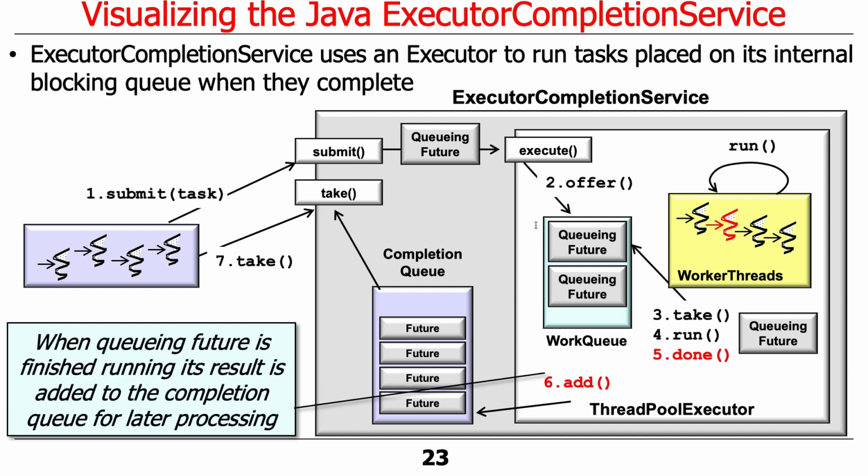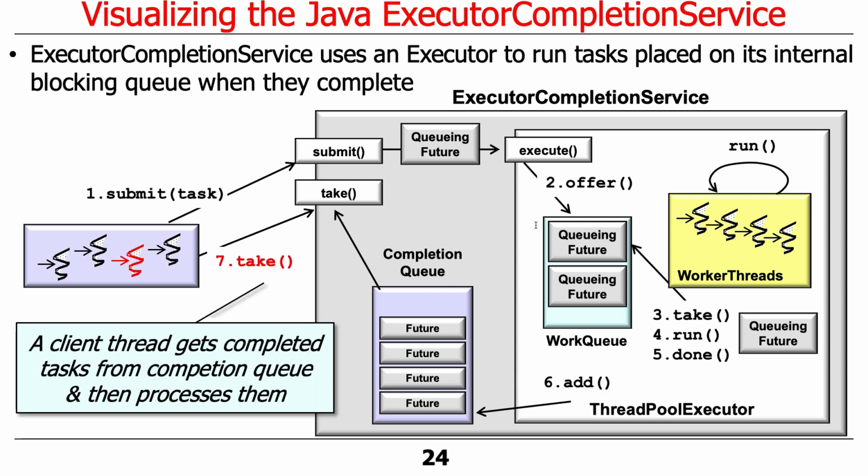Once the work is done, it's then stuck onto something called the completion queue. The implementation adds the results to the end of the completion queue. And then a client who's blocked on take or polling on poll will get the next result back, and then can do whatever it needs to do with the computations on it.